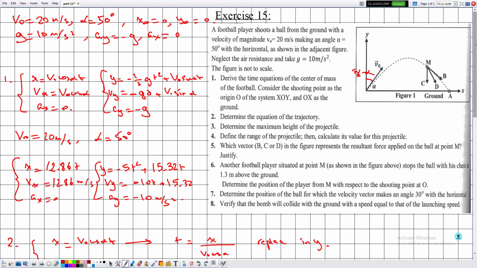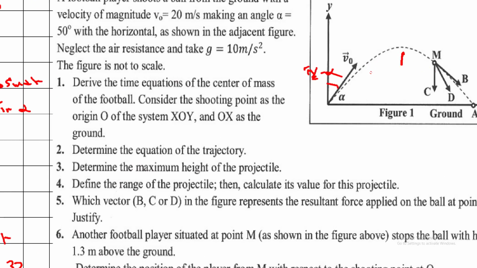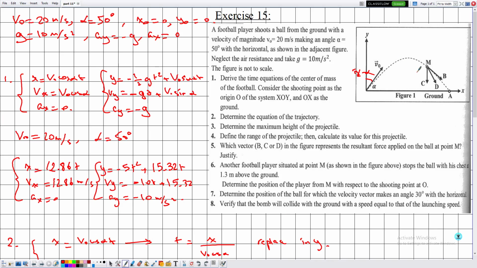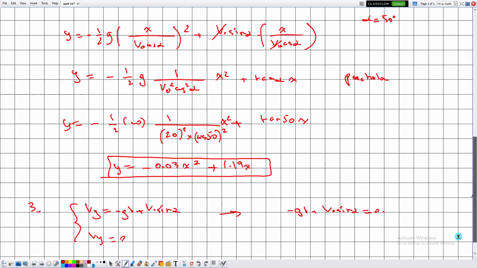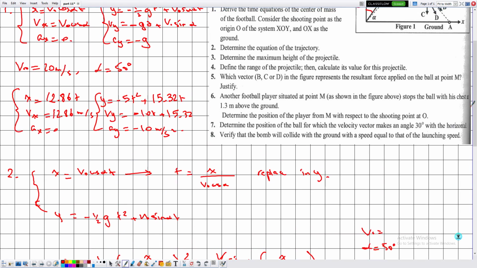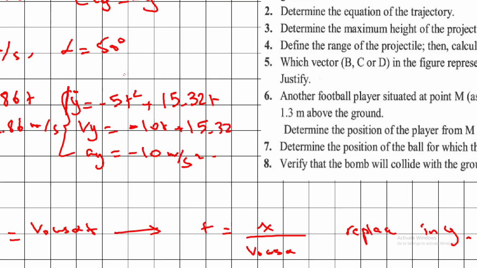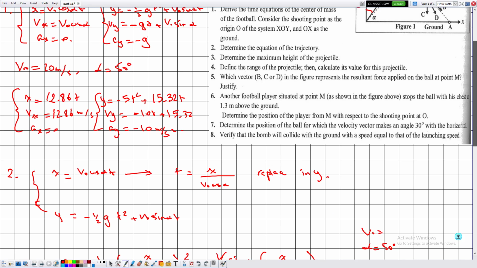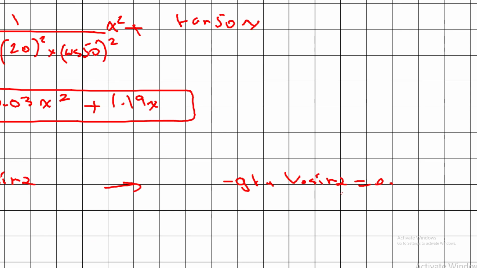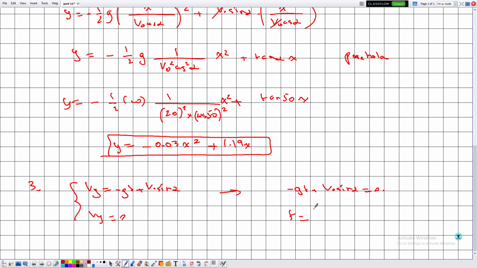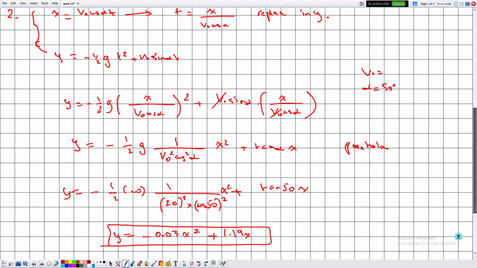Now here notice that we are interested in determining the maximum height, which is this height. In order to determine this height, we are interested in determining the value of y, which is given by this. But in order to determine the value of y, we need to determine the value of t. So from this equation we will determine t, which is given by t is equal to v0 sine alpha divided by g, which is equal to, so the value of v0 is 20 meters per second, I think.